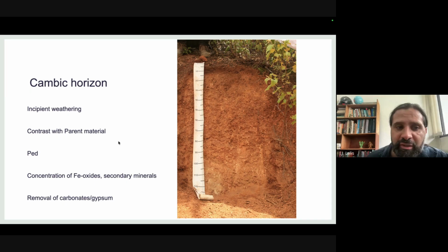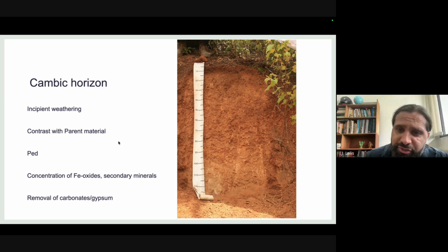And if the soil that you are studying is formed from weathering of carbonates or gypsum, the removal, or at least the starting of the removal of carbonates and gypsum and salts from one section, it's also good to identify the cambic horizon.